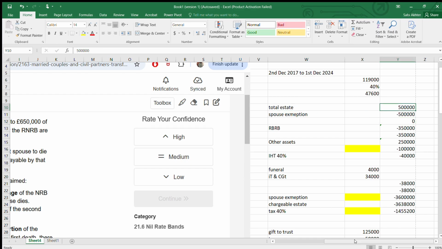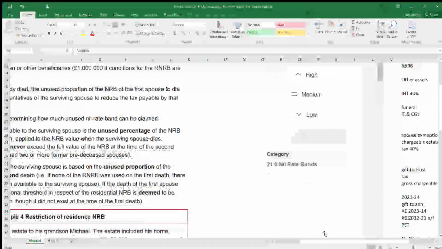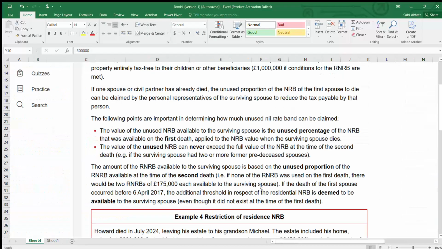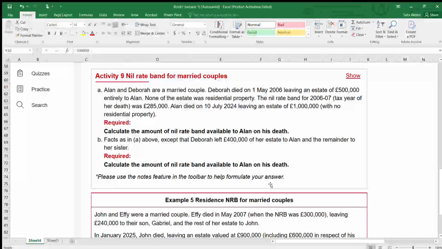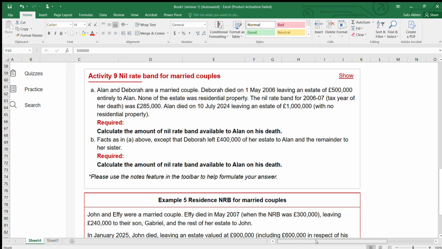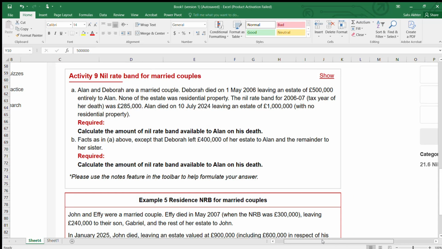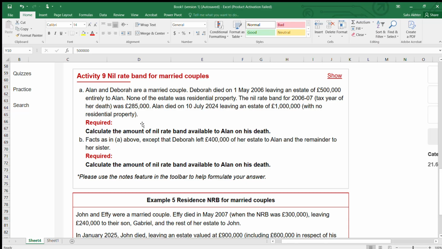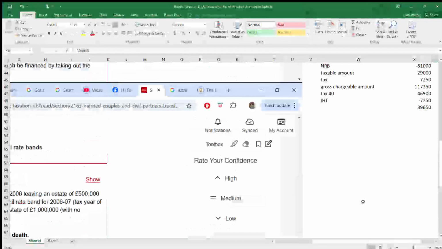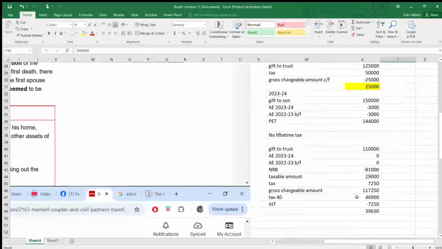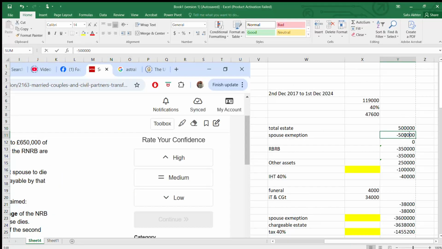But now the spouse exemption. You see, he's leaving 400 only. You have to calculate the nil rate band available to Alan on his death. First one, it is 650. They are not focused on inheritance, they are focused on nil rate band available. So here, spouse exemption is 400.